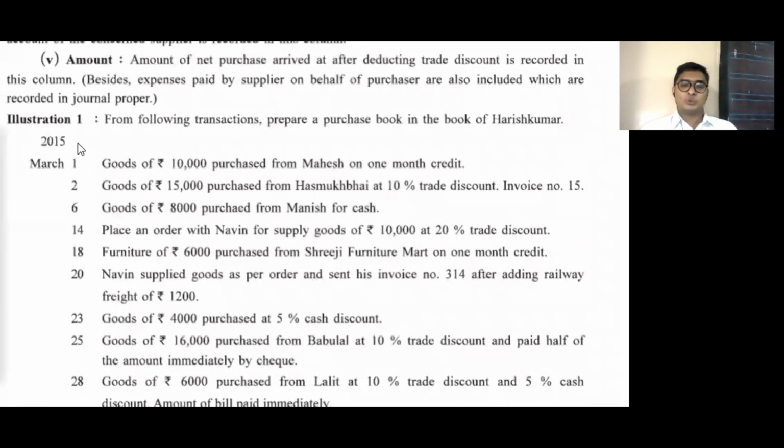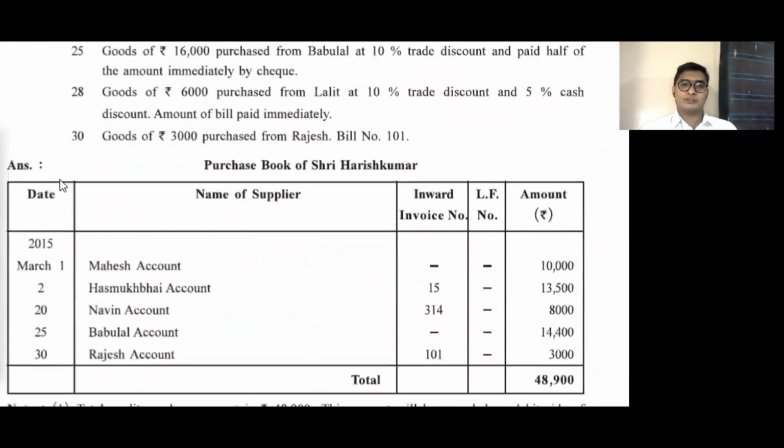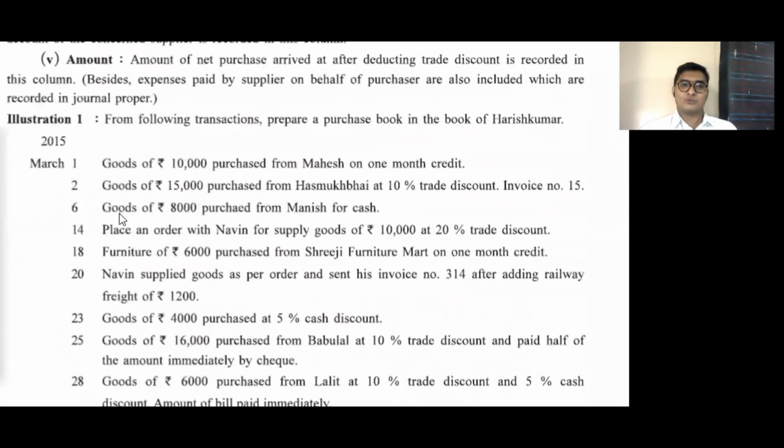First of all, 2015 March 1. Goods of 10,000 purchased from Mahesh on 1 month credit. We purchase the goods from Mahesh. Name of person is given, so it is a credit transaction.